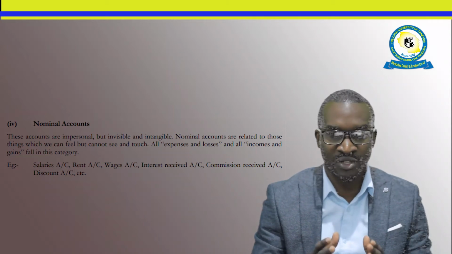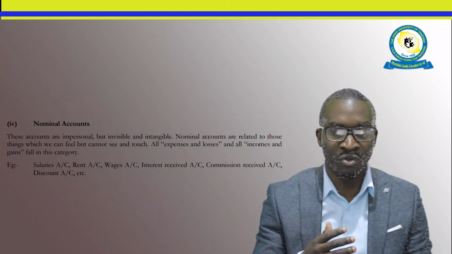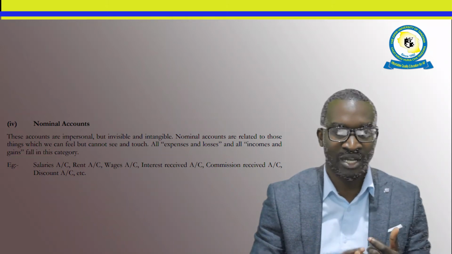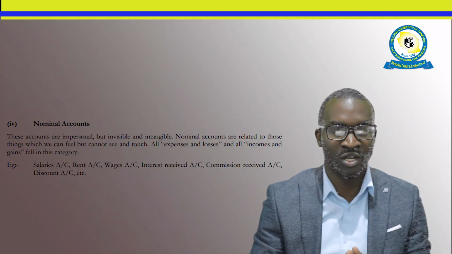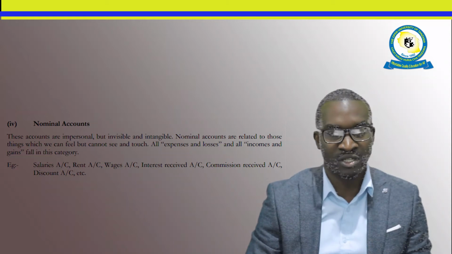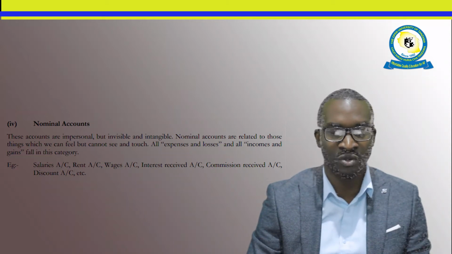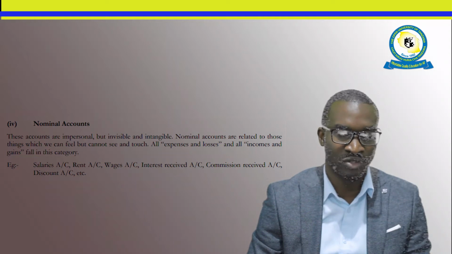Now you can see the difference here. With real accounts, you have elements that you can feel, touch, and see. But with nominal accounts, you have elements that you can only feel, but you cannot see and cannot touch. For example, when you have a loss, of course you can feel that you are having a loss, but actually you cannot touch a loss.